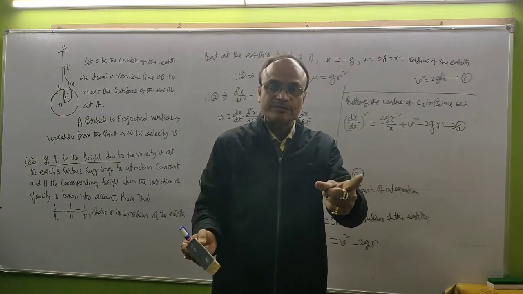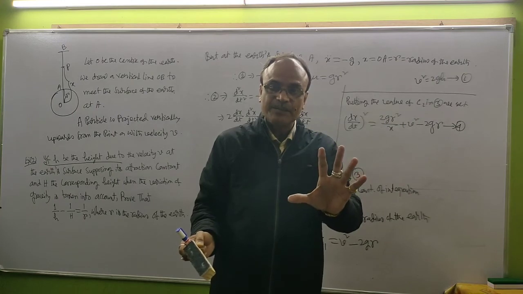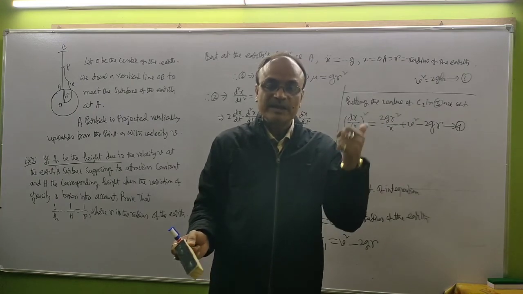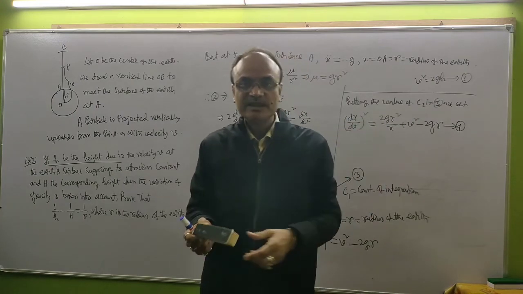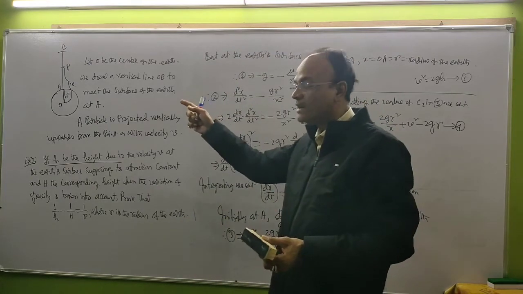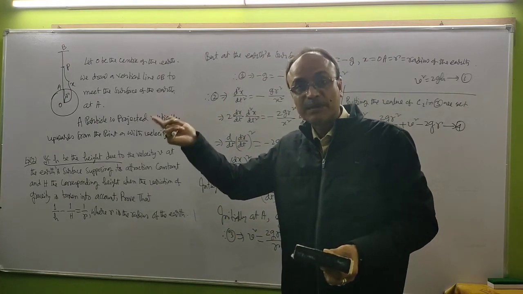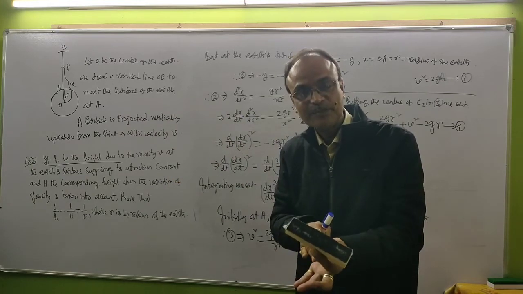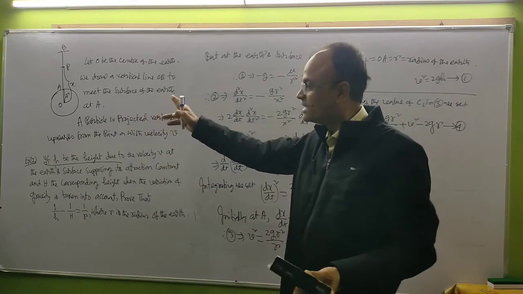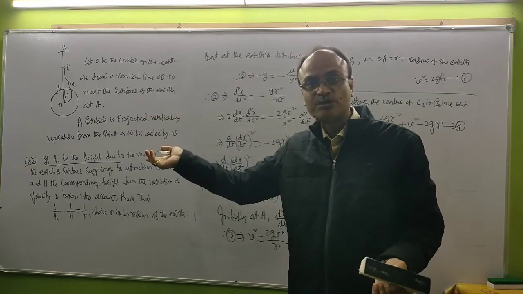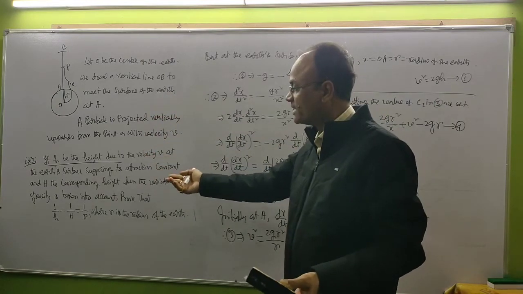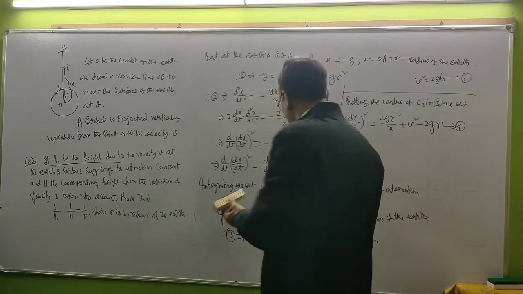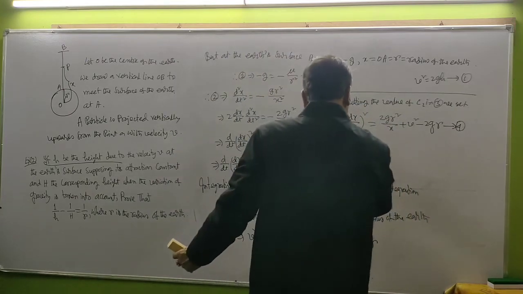According to the question, this time capital H is the greatest height attained by the particle from the point A, when the variation of gravity is taken into account.